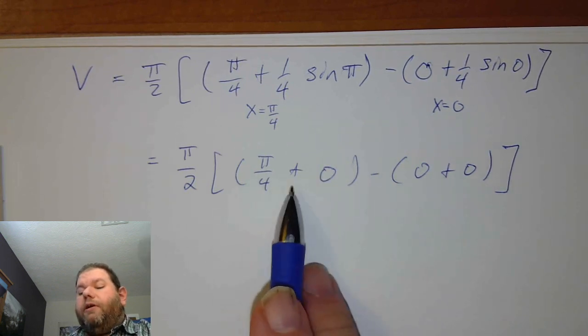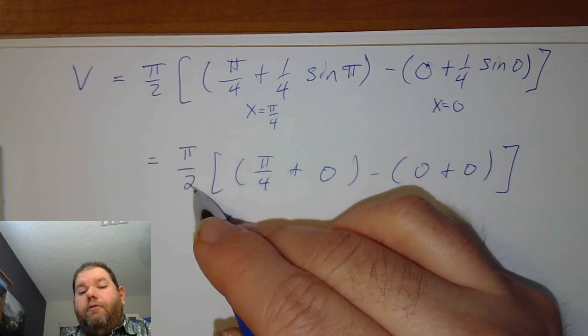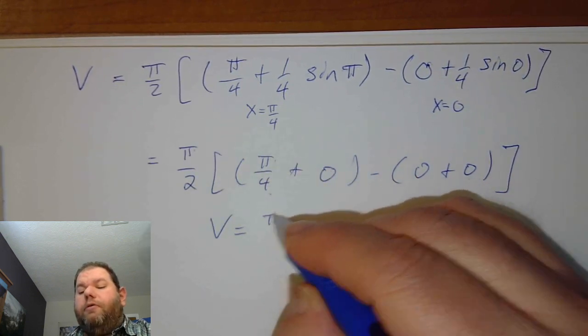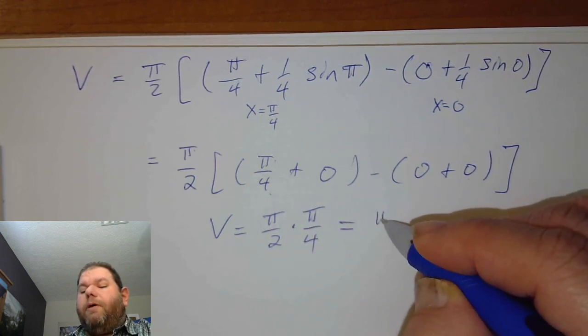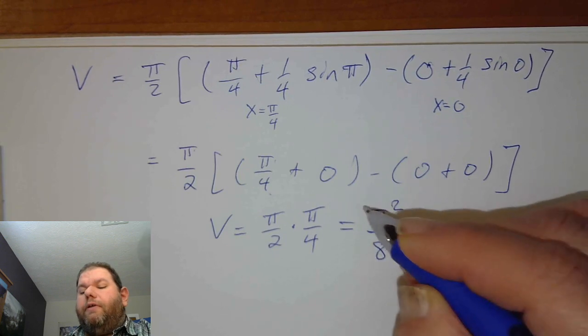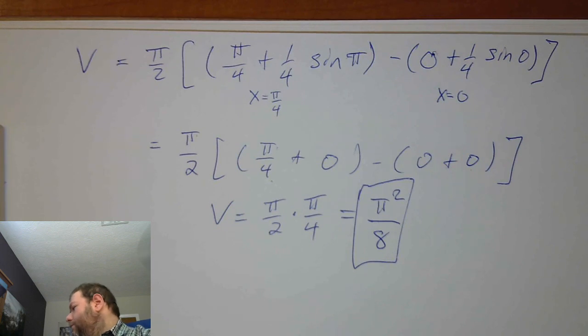So it turns out we get a lot of zeros here, so the only meaningful values we get for our volume is pi over 2 times pi over 4. So our volume is actually pi squared over 8. Any questions on that?